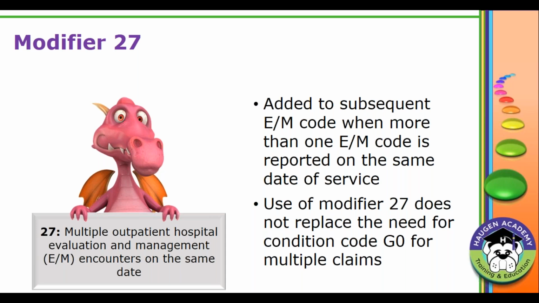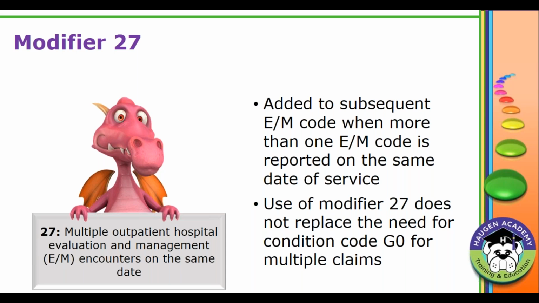So Modifier 27 was originally created to identify hospital facility reporting in a situation where the patient is receiving multiple E&M services either by the same or a different physician in multiple outpatient hospital settings on the same day.